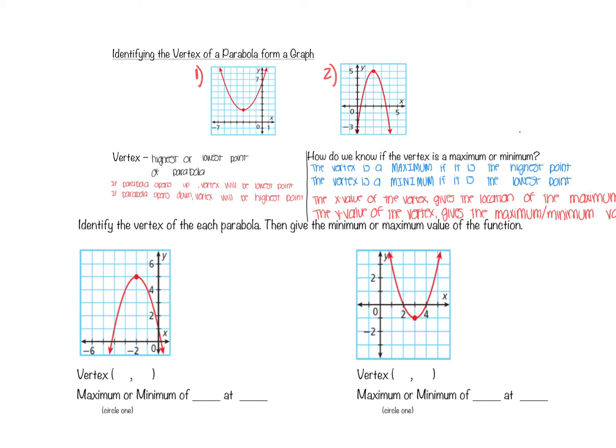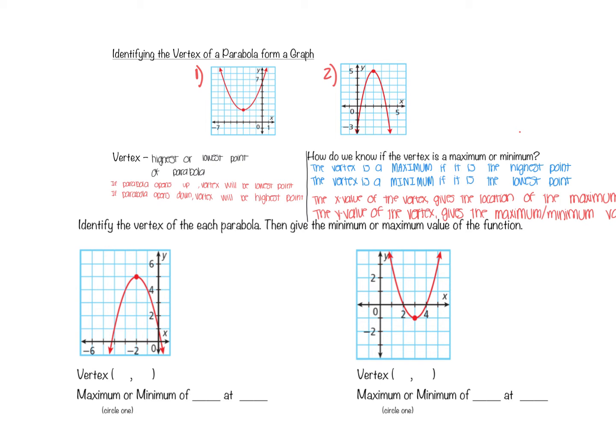The first thing we're going to discuss is identifying the vertex of a parabola from a graph. The vertex of a parabola is the highest or the lowest point of the parabola. So how do you know if it's the highest or lowest? Well, if your graph opens up, so the ends of your graph go up as opposed to down, the vertex is going to be the lowest point.